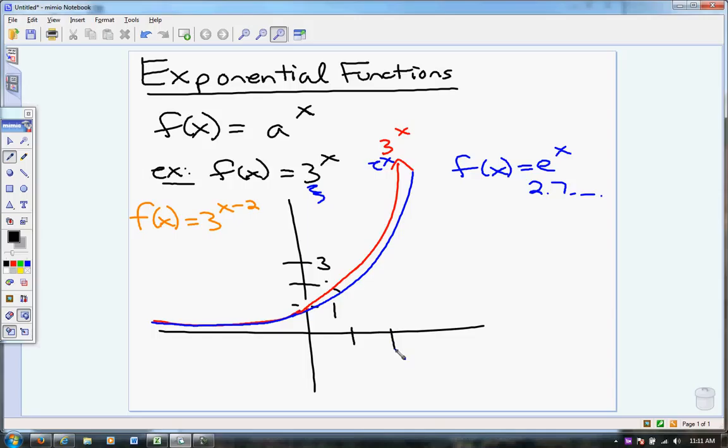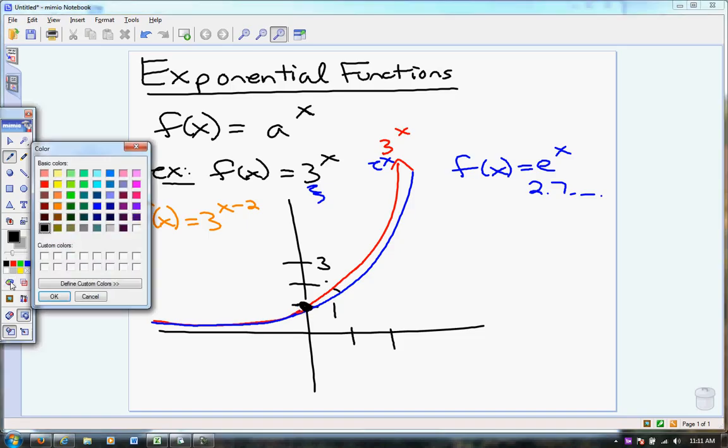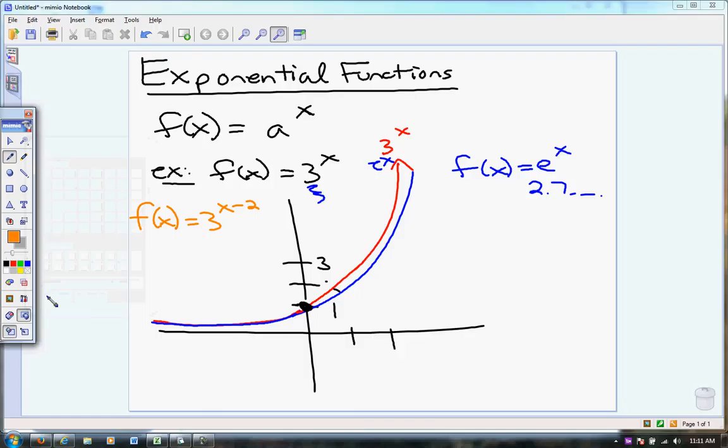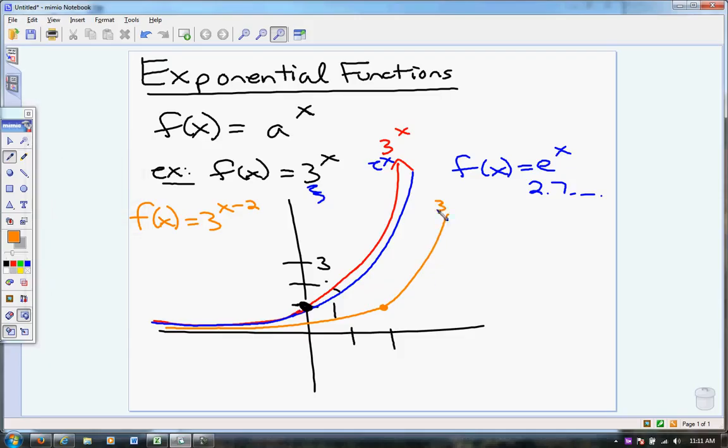What would go to the right 2? This, where it hits 1, that little magical point right there would go to the right 2. So this would come over here, and it would go through there, and there's 3 to the x minus 2. So all of those transformations still work with exponential functions. All right?